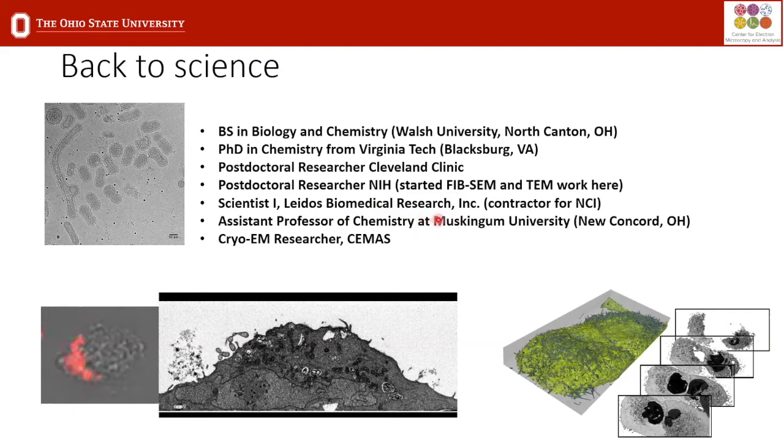And here's where I learned a lot of my tips and tricks on getting people the best cryo samples possible. After a while of doing that, I wanted to try some teaching. So I got a job as an assistant professor of chemistry at Muskingum University, not too far down the road at New Concord, Ohio. And as Dan mentioned, I joined here almost a year ago. I joined here in May, and I focus mostly on cryo-EM research here.